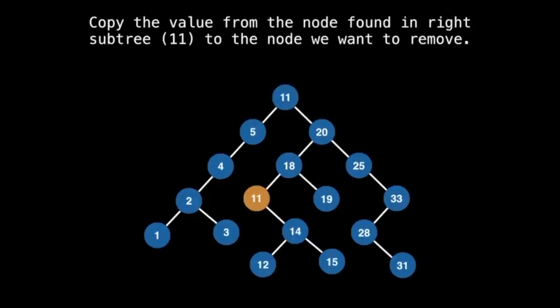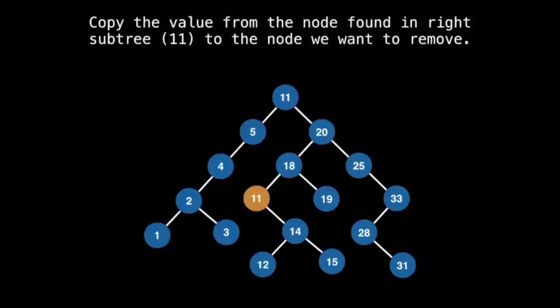Notice that now there are 2 instances of 11 in our tree, and we want unique values in our tree. So to remove the 11 that is currently highlighted, we would recursively call our remove method, but on 11 this time. And luckily for us, this will always result in a case 1, 2, or 3 removal.